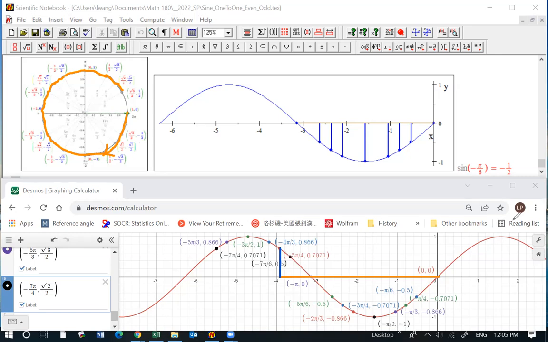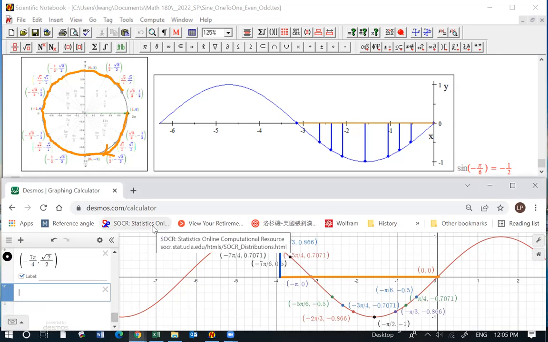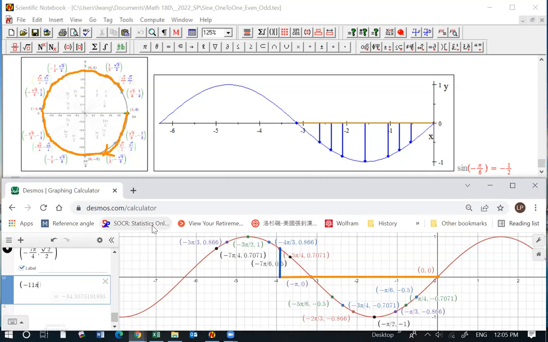With negative 11 pi over 6, the ratio is half. Negative 11 pi over 6, comma, half. You see the red dot show up, label, boom, right?